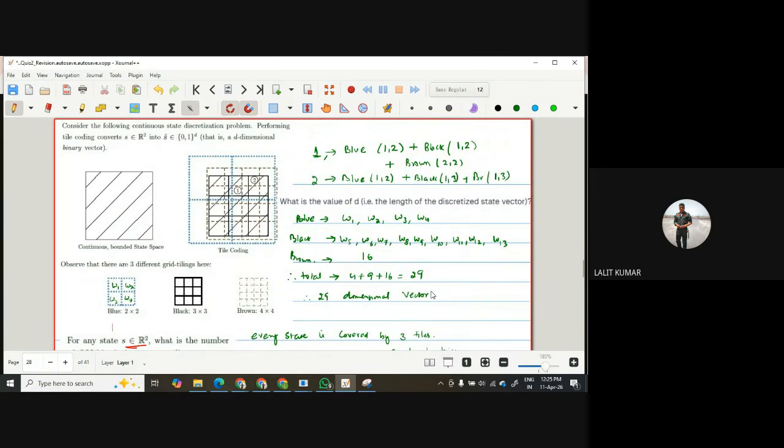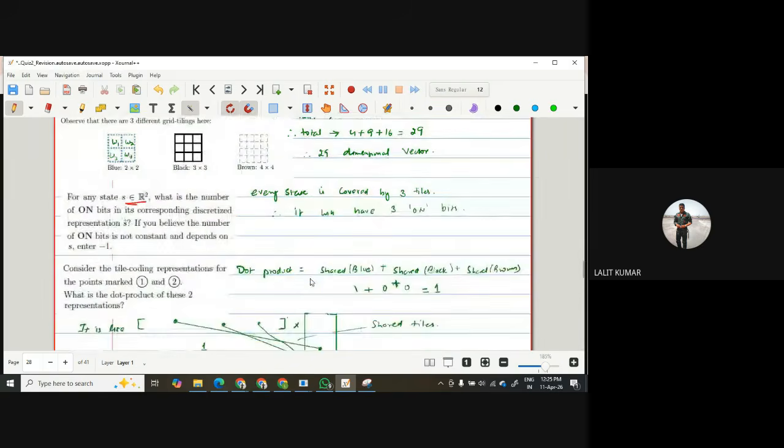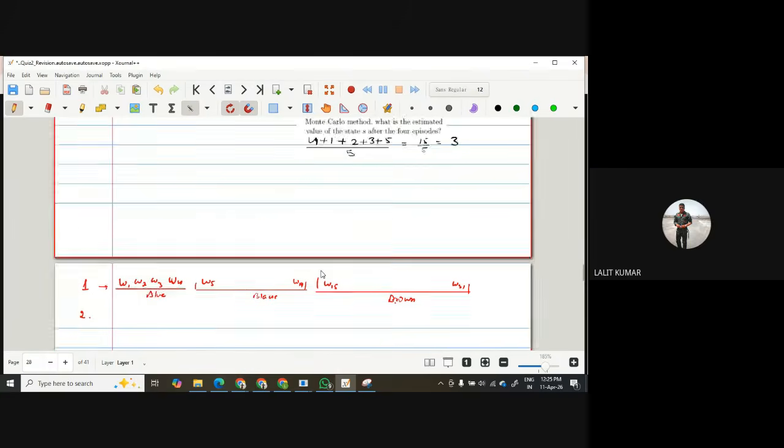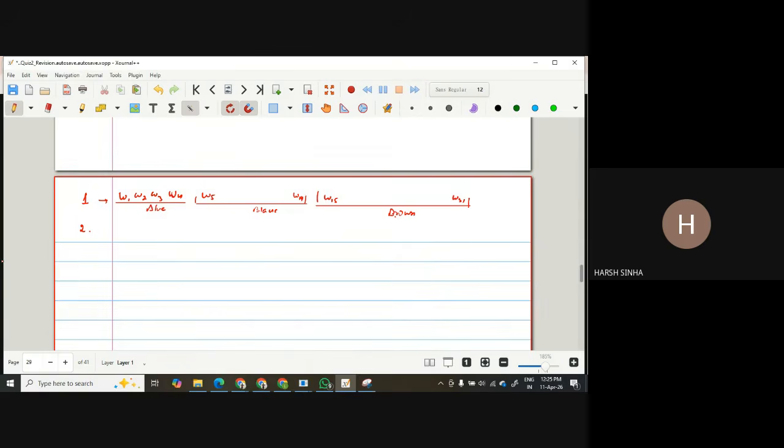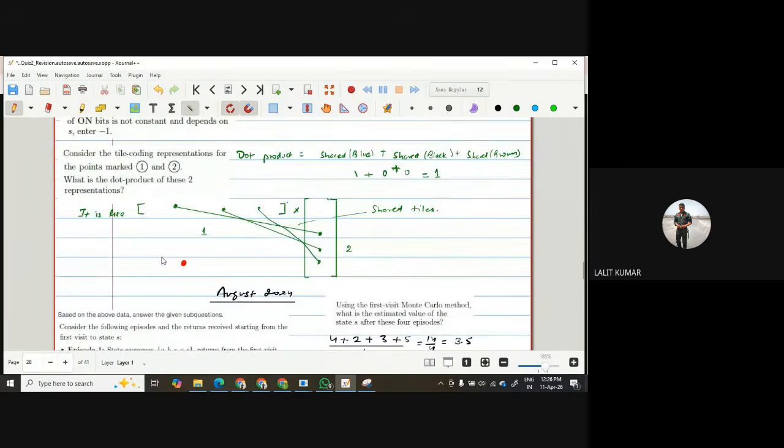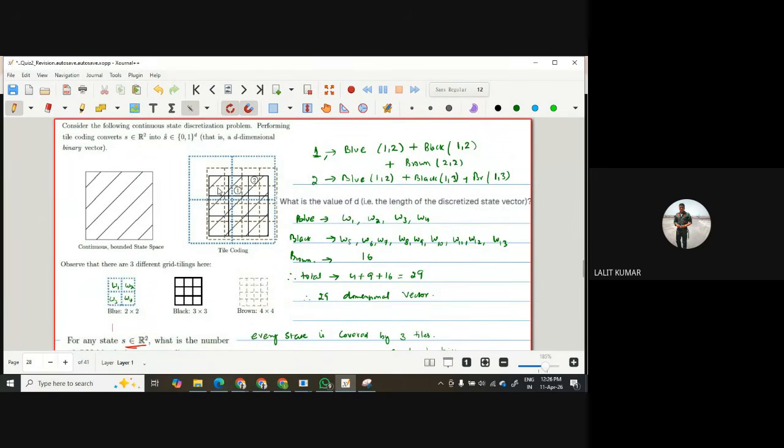Now for point 1, if you take W blue, then W1 is 0, W2 is 1, this is 0, this is 0. So this is 0, 1, 0, 0. Similarly, in black, number one is, for example, this is W5, W6, W7.